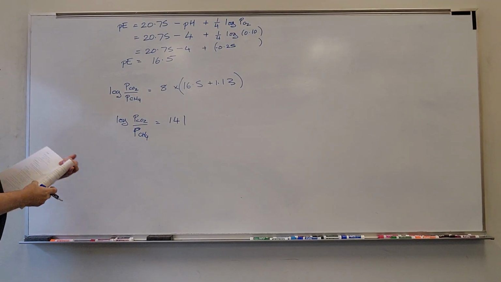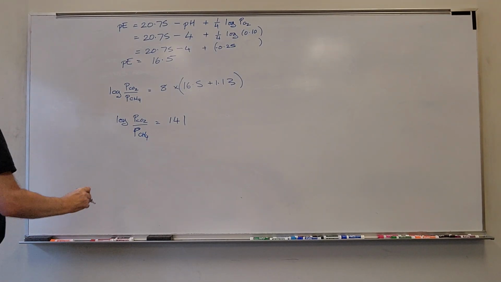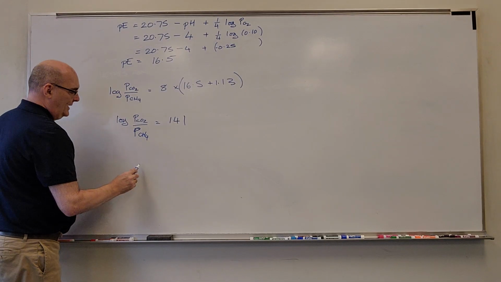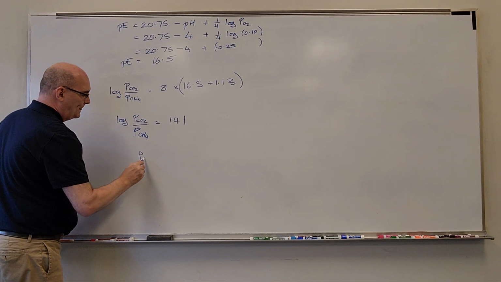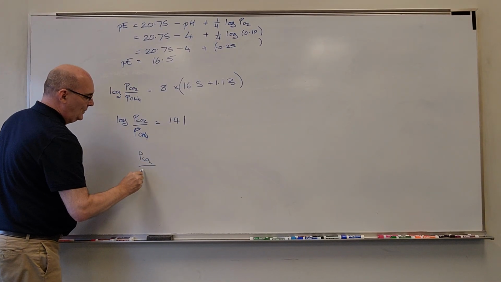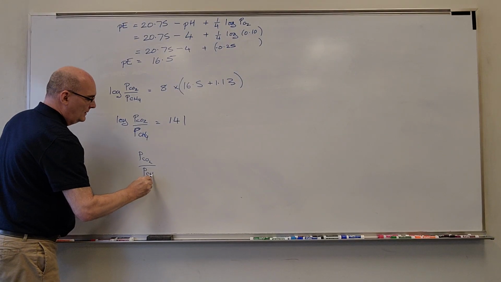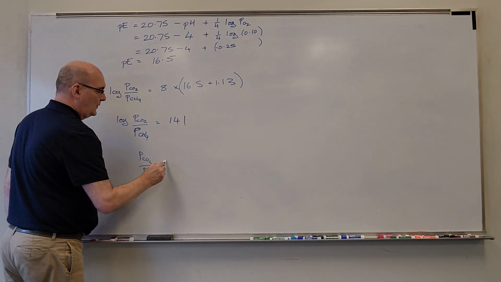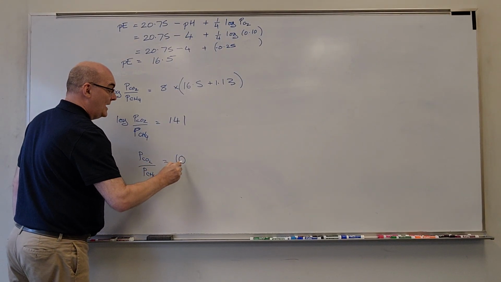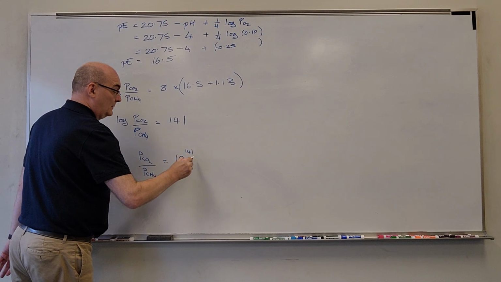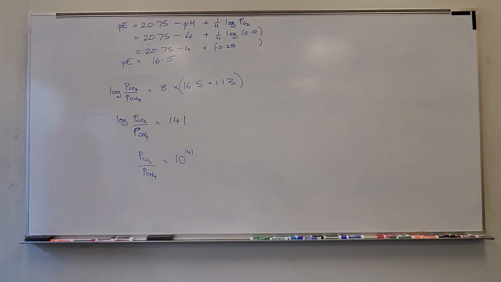All right. Our answer is in front of us. All I have to do is get rid of the log. PCO2 divided by PCH4 is now 10 to the 141, which is a very large number.